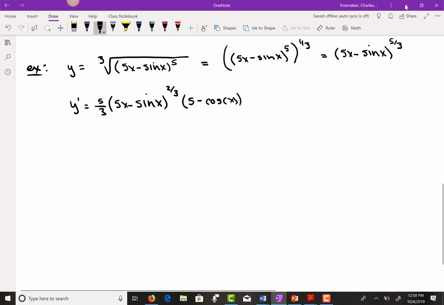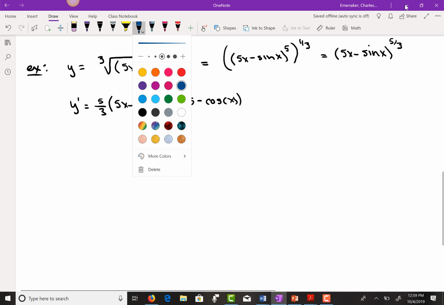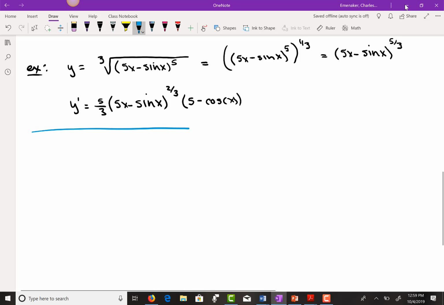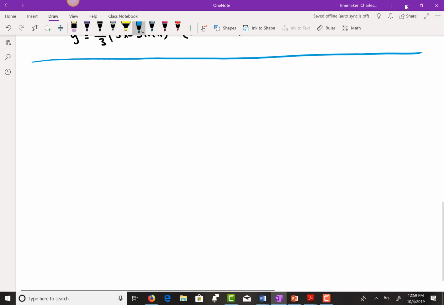Now, Gabby asked, she said, remind me again, Chuck, how is it that the derivative of e to the x is e to the x? So let's do a quick infomercial. If you have y equals e to the x power, e to the x can be expressed as a Taylor series polynomial.